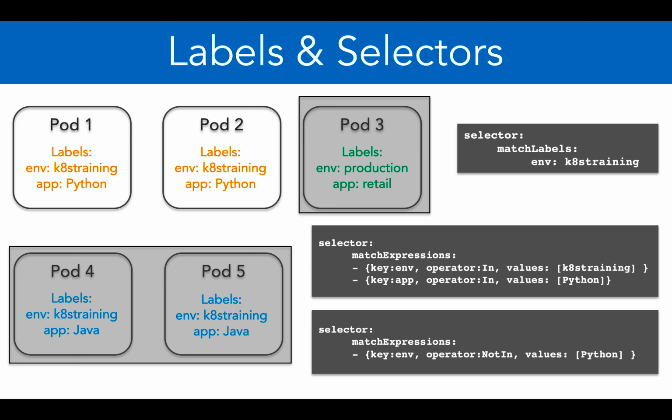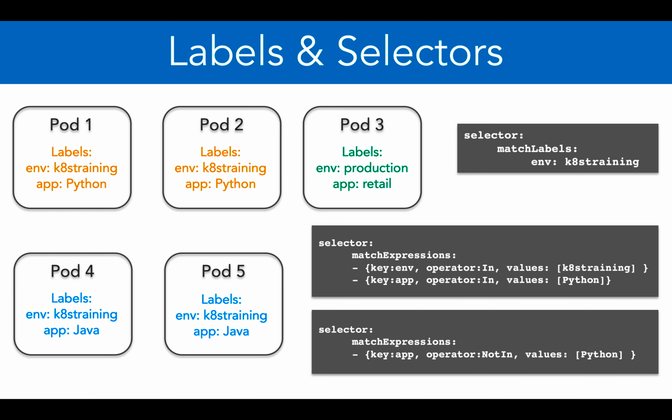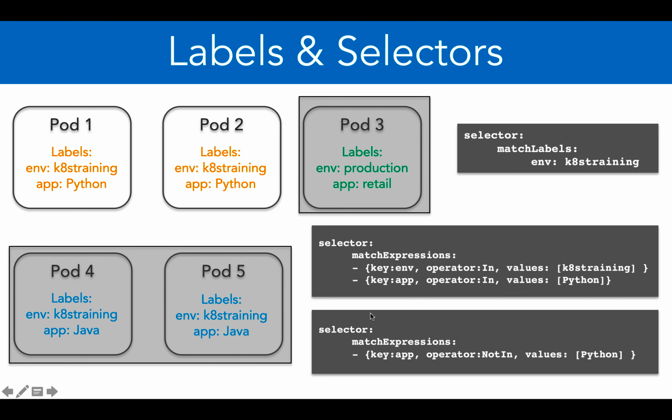Pod 1 and pod 2 will not be selected because the app key contains Python. Sorry, it should not be env, it should be app. Let me change it. So I have changed it. So it's saying that app should not have a value of Python. So that's what it is saying. So it is selecting all these 3 pods, 3, 4 and 5.